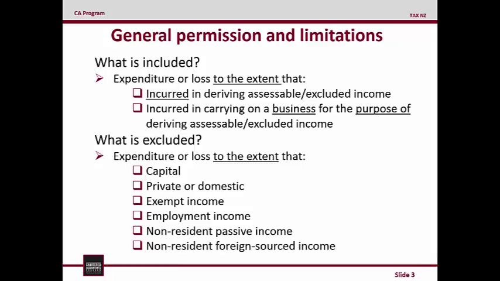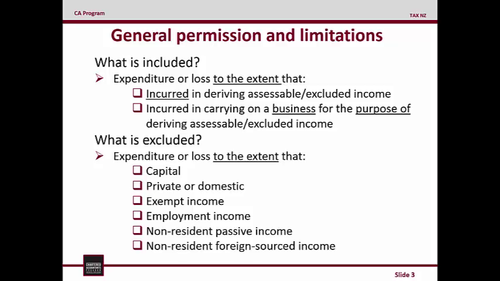So what are the general limitations? The general limitations are listed in section DA2. The first limitation is that the amount is capital or of a capital nature. The key tests for determining whether an expense is of a capital or revenue nature from case law are summarised in your core content.